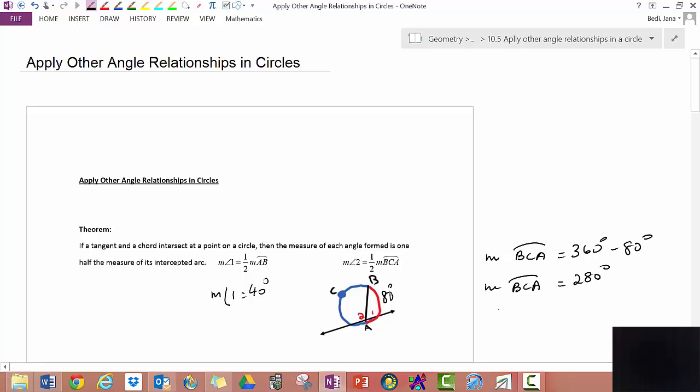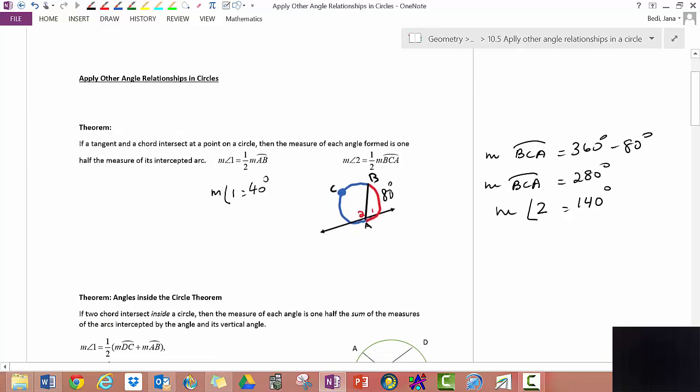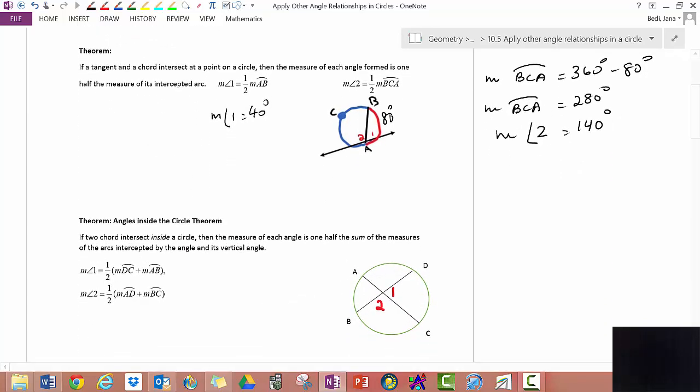So the measure of angle 2 is going to be 1/2 of that, and we divide by 2, that's 140 degrees. So this is how you can find the measure of an angle made by a tangent with a chord where the point of intersection is on the circumference of the circle.